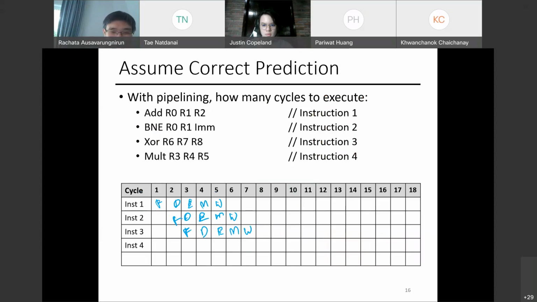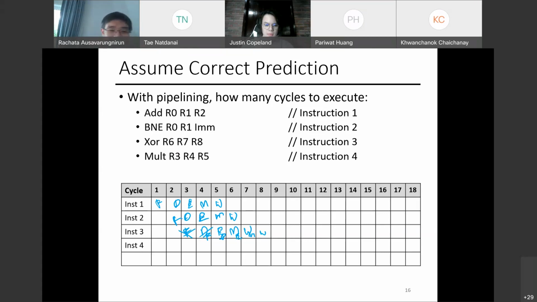If you guess incorrectly, you fetch here, throw this away, decode, execute, memory, and write back. So the difference between stalling and blind guess in this particular example is that stalling guarantees that you're gonna have to wait. Blind guess, I'm gonna take a chance.